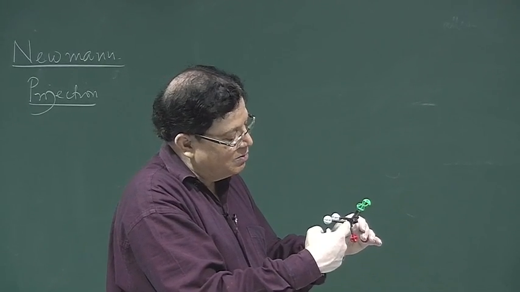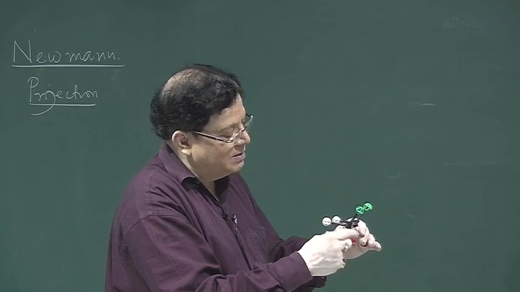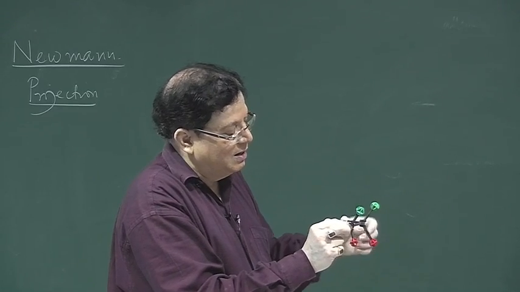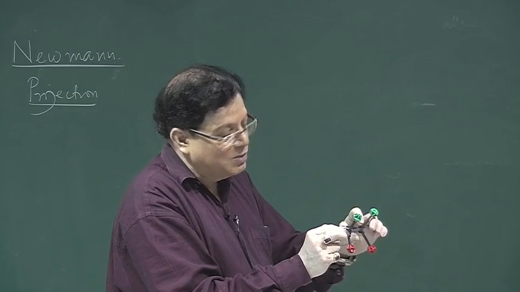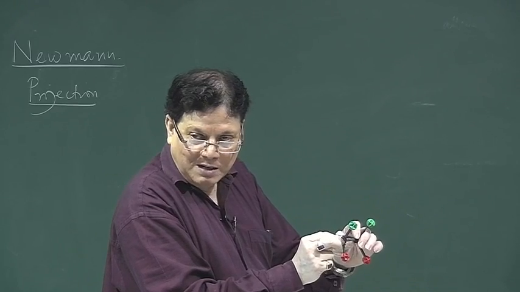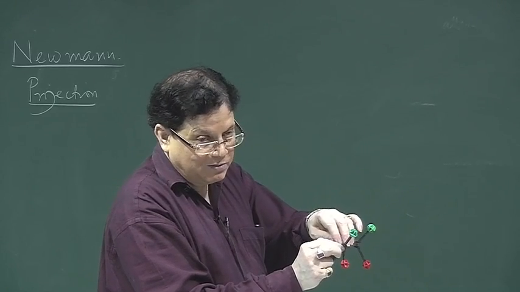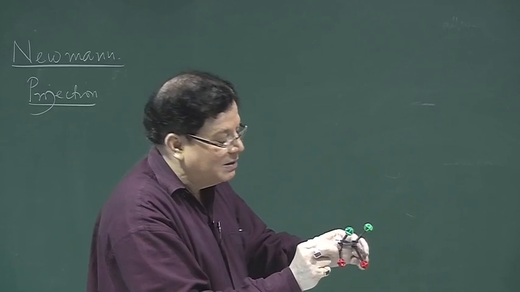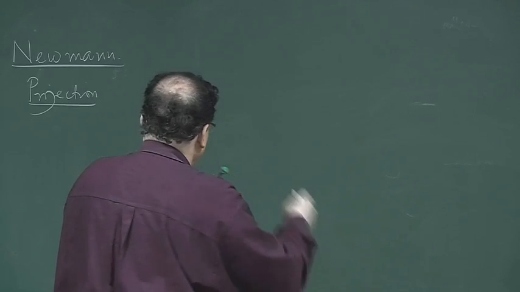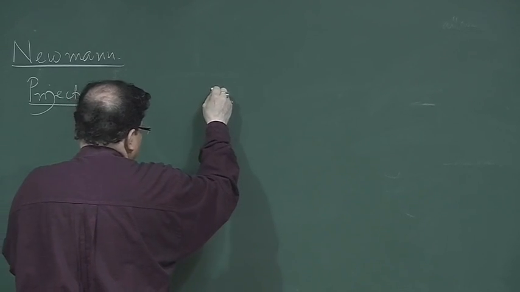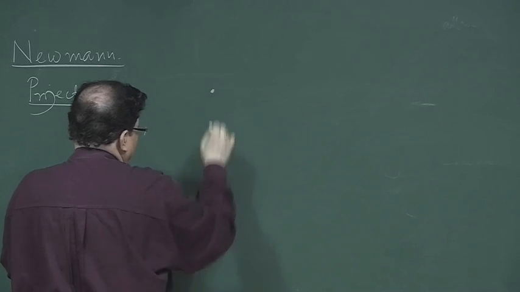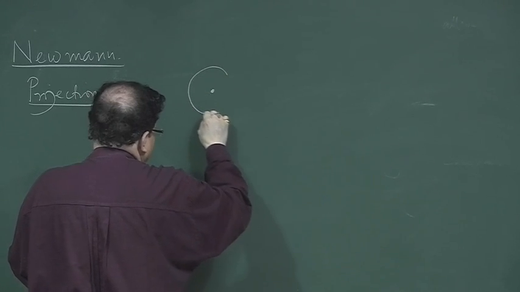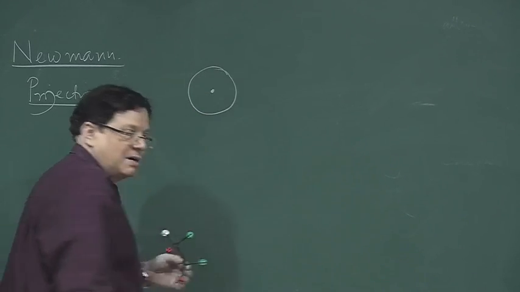If you see from the carbon-carbon axis, basically this carbon is not allowing you to visualize the other carbon. So, that is blanked out by this front carbon. This is the front carbon, this is the back carbon, and in Newman projection, this is denoted as a dot for the front carbon and a circle for the back carbon.